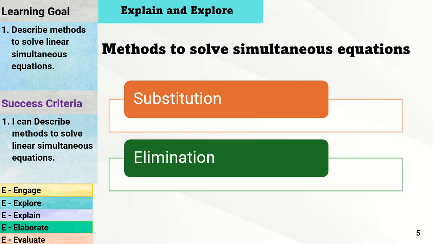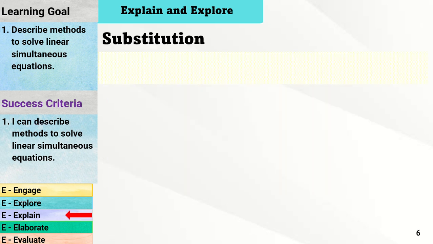Now, to solve simultaneous equations, we mostly follow two methods: substitution and elimination. Let's learn them one by one. What is substitution? Students, any idea? Pause the video, think, and write your idea. Okay.